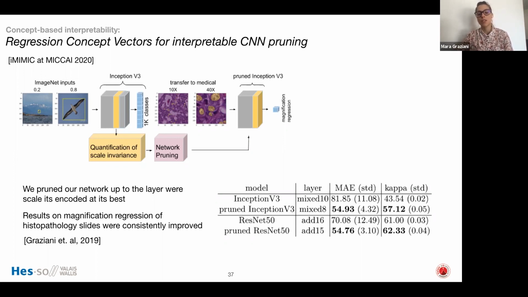So we exploited this information in the application to histopathology, pruning off those network layers that we don't need because they're learning the invariance to scale, and keeping the scale covariant features to improve our results on the histopathology tasks. I presented this work a week ago at the International Workshop on Interpretability for Medical Imaging. So this is really fresh stuff.